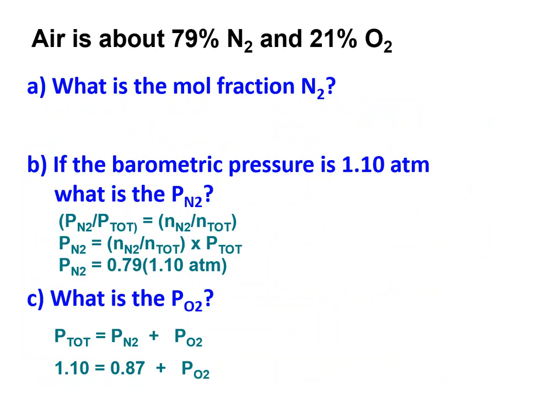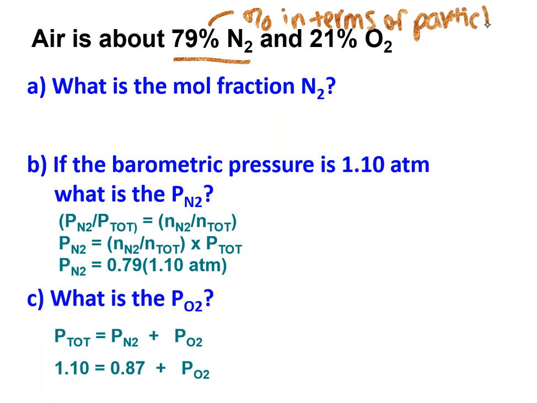Let's try applying this. Air, we'll pretend like it's just nitrogen and oxygen, which it mostly is. What is the mole fraction of the nitrogen? Well, mole fraction, so these percents are in terms of particles, numbers of particles, in other words, moles.